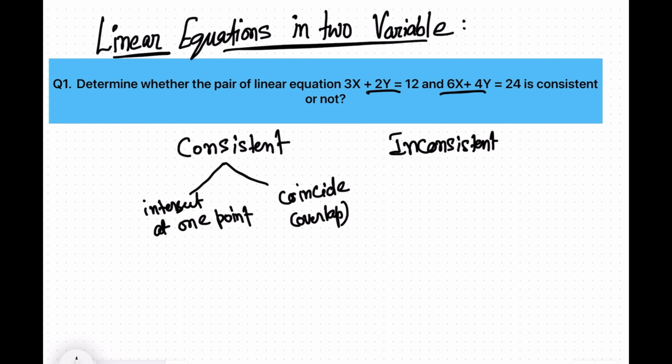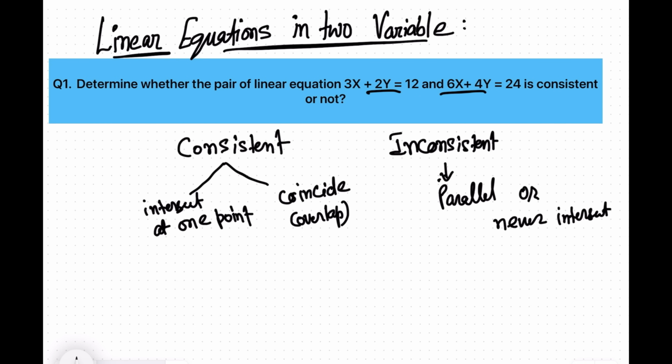And the second case we can say the inconsistent, means equations are parallel or never intersect, we can say like this, okay. So these are the conditions.